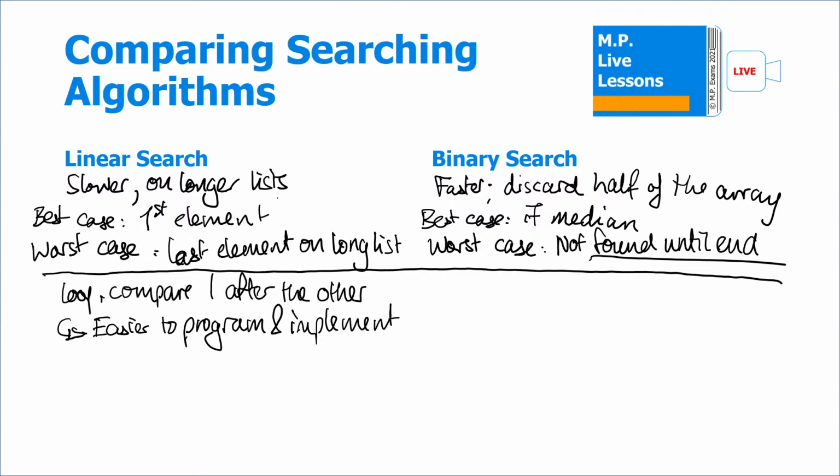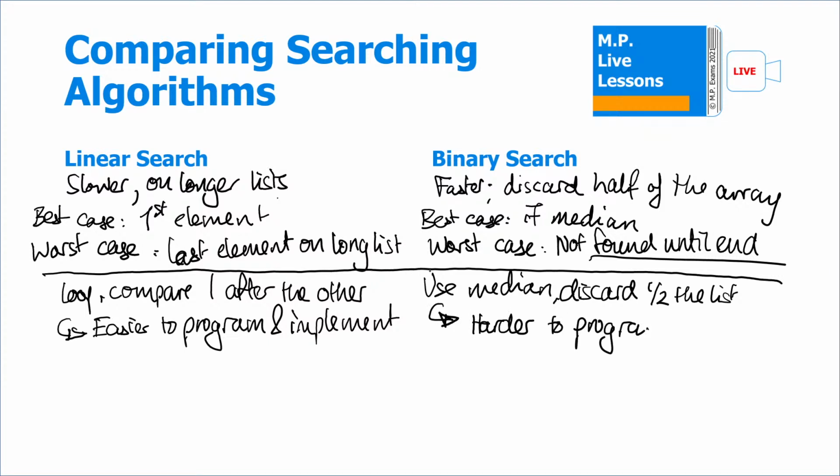Whereas binary search, you'll have to use the median and discard lists, or half the list, and this is harder to program. And if you didn't notice, the median requires the list to be sorted, so binary search only works on lists that are sorted. Whereas linear search can work on unsorted lists.